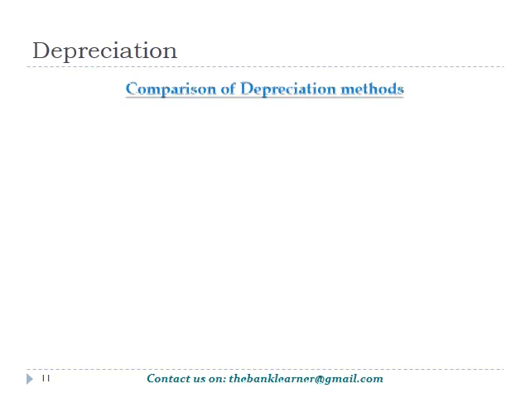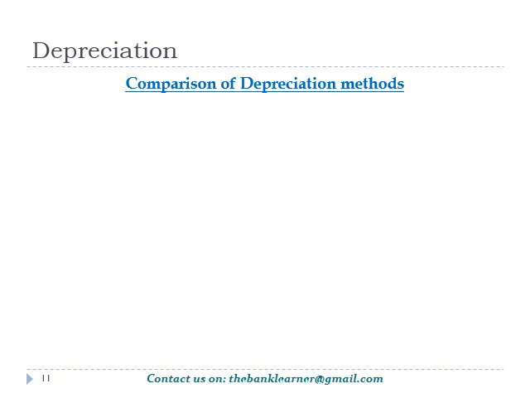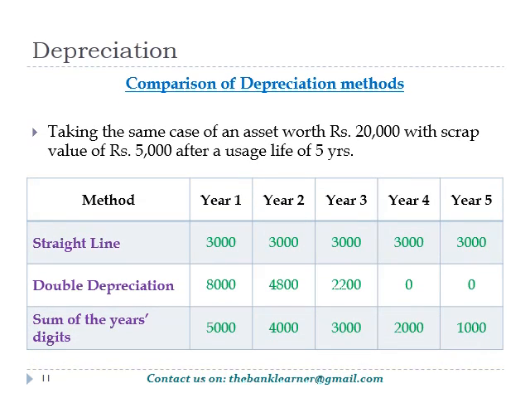Now, let's compare these methods. Here, we have taken the same example and computed the depreciation value under each method. While the straight line method provides equal depreciation every year, the other two methods have a higher depreciation in the beginning and lower in the end.